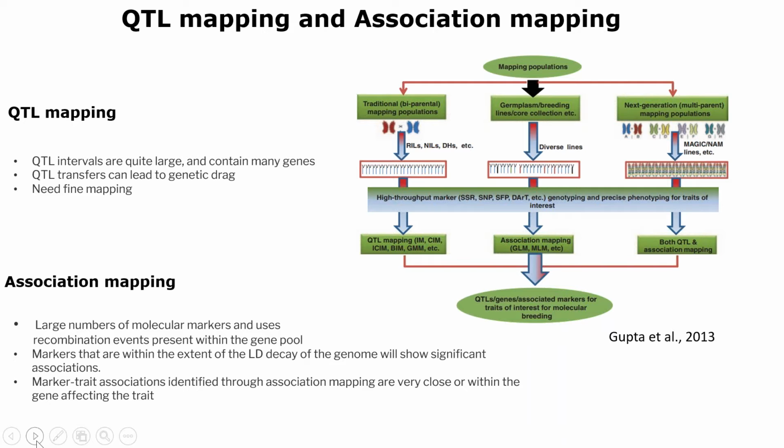And when we use this QTL for improvement, it can lead to genetic drag. Some undesired characters can also come during this process. So there is a need to do fine mapping for sure. We need to do fine mapping to further narrow down the causal variant for the allele for that trait.